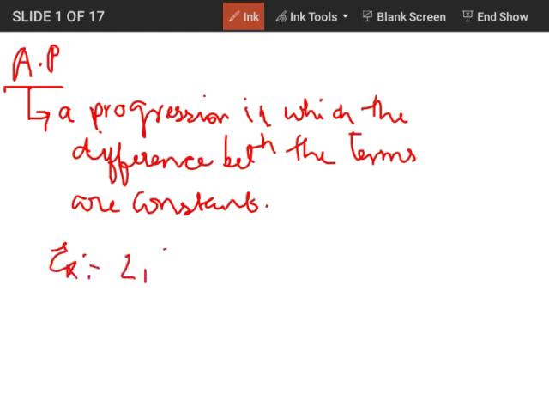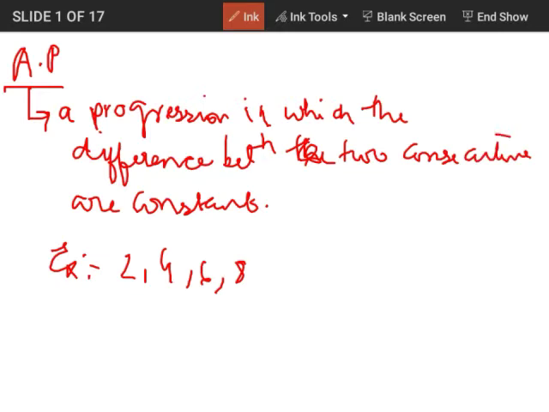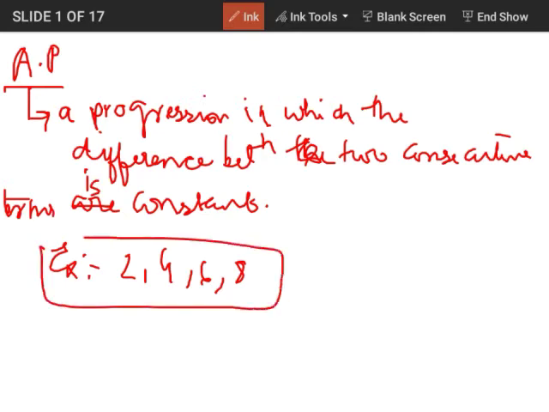Say 2, 4, 6, 8. Sorry, a bit wrong definition. This will be a progression in which the difference between two consecutive terms is constant.